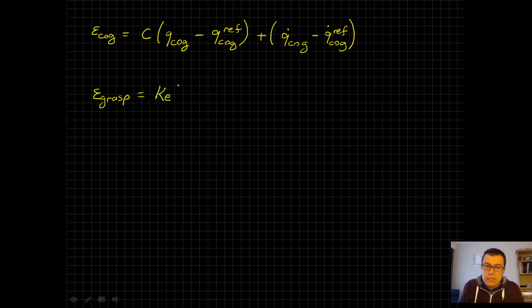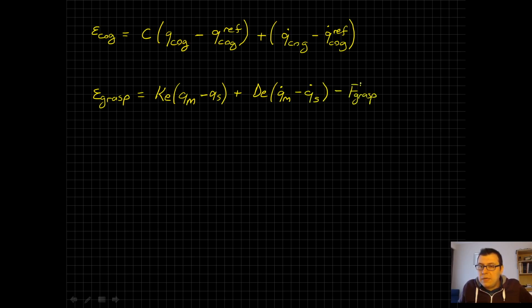So this is Ke times Qm minus Qs plus dE times the environment damping times Qm dot minus Qs dot minus F grasp reference, so grasp force reference. Once we have those two errors, the remaining part is the way or the design of the controller to move those two errors to zero value.